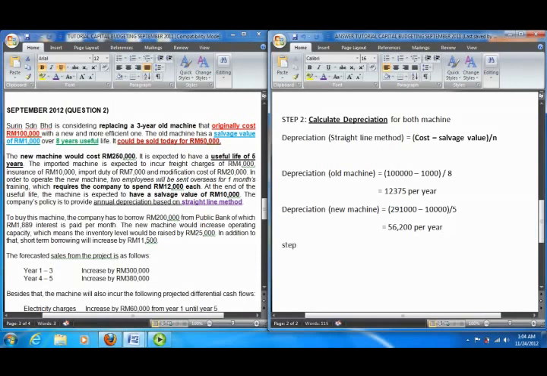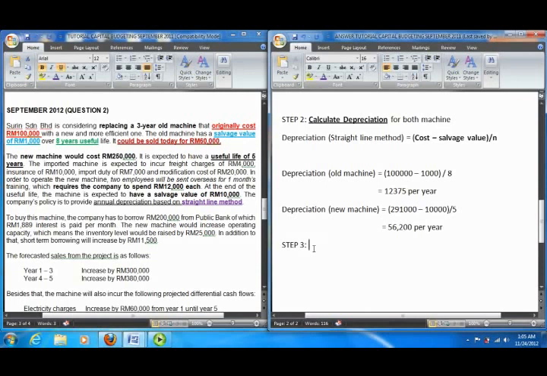Now class, your step 3. Alright class, in step 3 you need to calculate the tax saving.